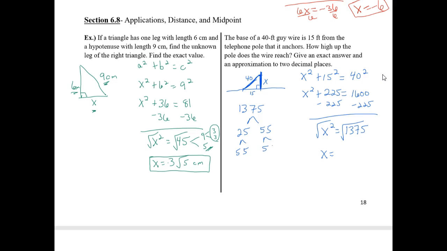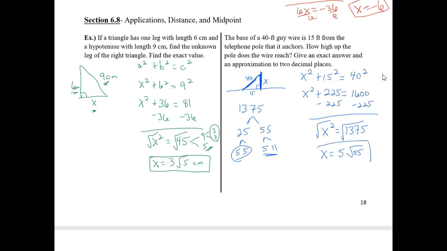And 55 is 5 times 11. So I do have a perfect square that I can take out. Square root of 5 squared is 5. And then left underneath the radical is 5 times 11, which is 55.